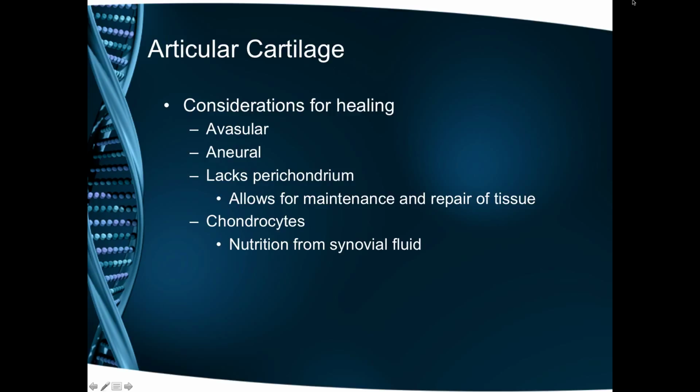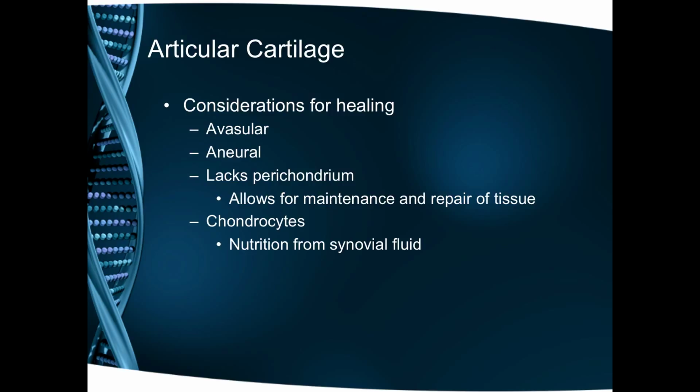When we think about injury to articular cartilage, we know that there are some things that we need to consider when thinking about how it's going to heal. So articular cartilage is avascular and it's also aneural. So if you injure your articular cartilage, you're not likely to feel it. And it's avascular, so it doesn't really heal well.